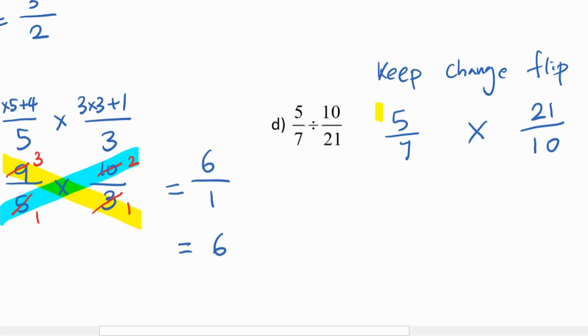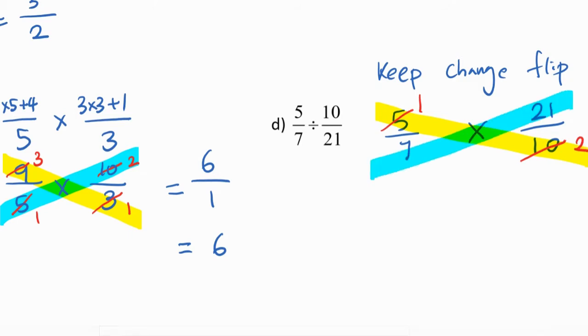Now, we reduce diagonally. 5 becomes 1, 10 becomes 2. And reduce diagonally. 7 becomes 1, 21 becomes a 3. Okay, 1 times 3 is 3, 1 times 2 is 2. So the answer is 3 over 2.